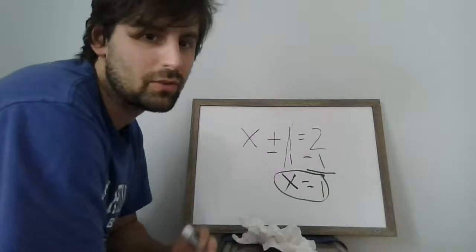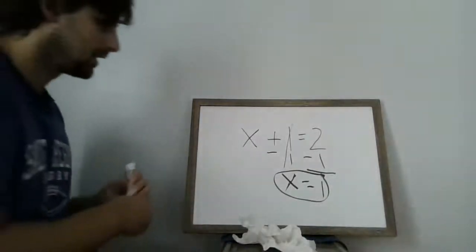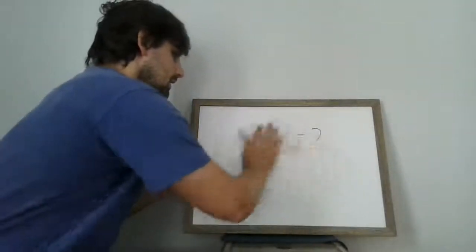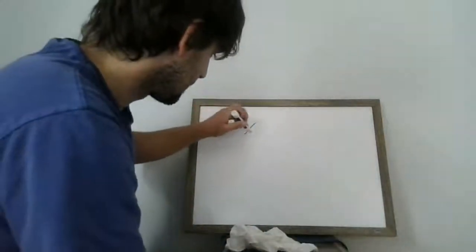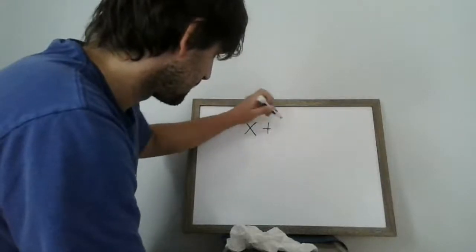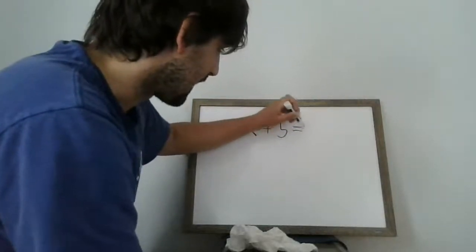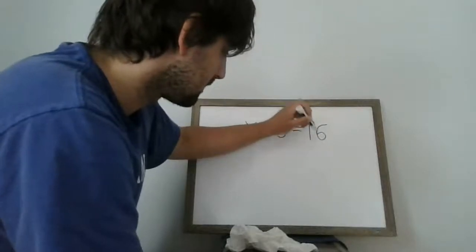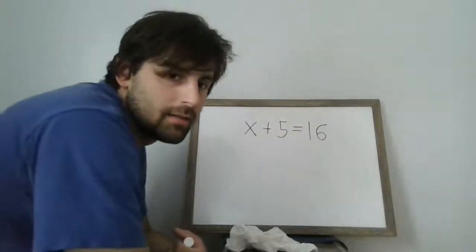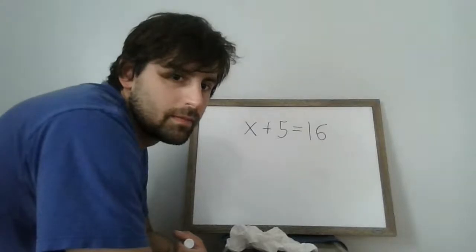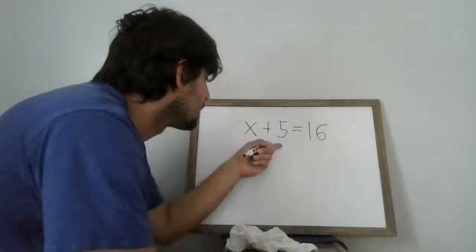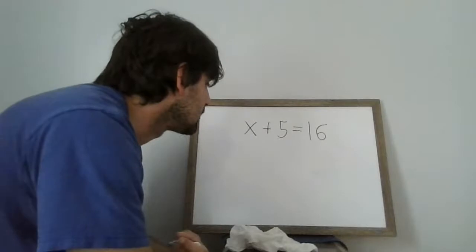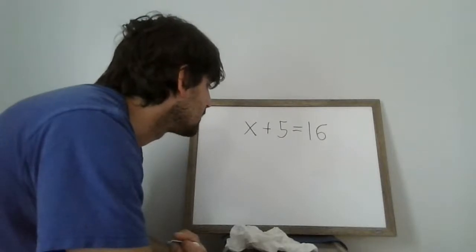All right, now I'm going to do another one. x plus 5 equals 16. So again, to find the value of x, we have to get this 5 on the other side of the equal sign, and we do that by doing the opposite of what the operation is.